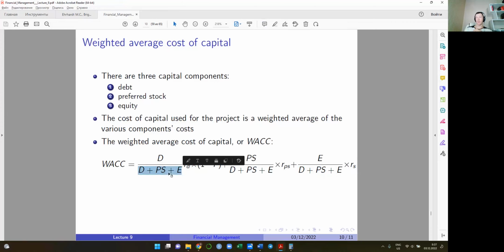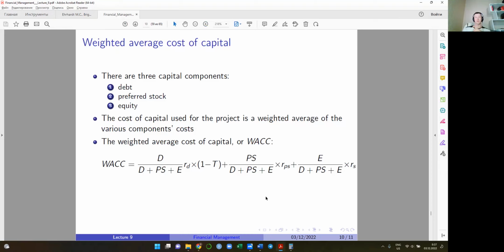So what do we have? We have weights. Then each weight of debt, weight of preferred stock, weight of equity, is multiplied by the cost of the respective component. Weight of debt multiplied by the cost of debt, weight of preferred stock multiplied by the cost of preferred stock, weight of common stock multiplied by the cost of equity.